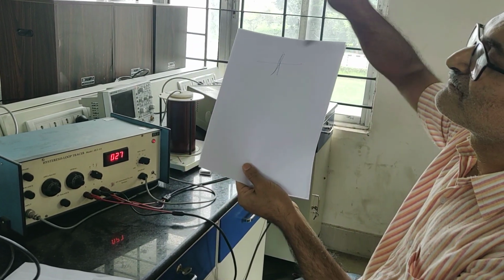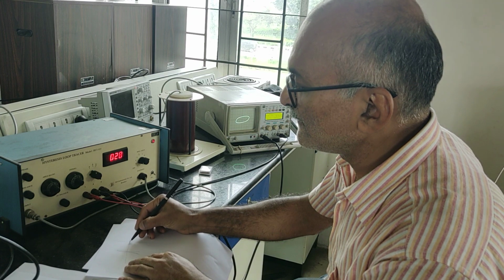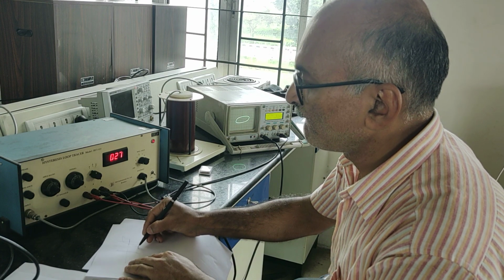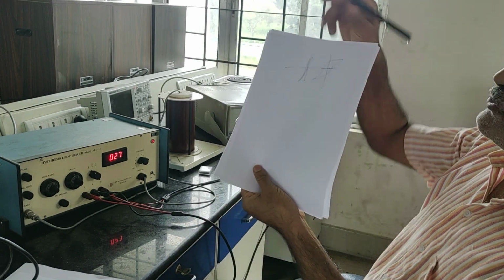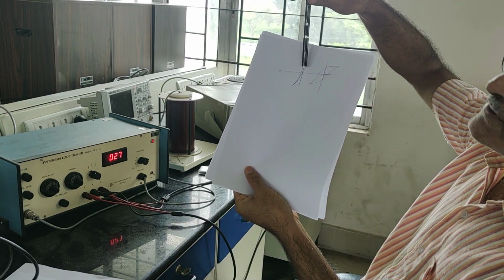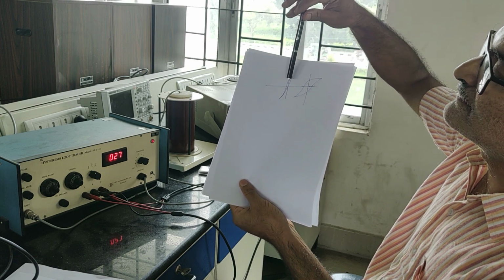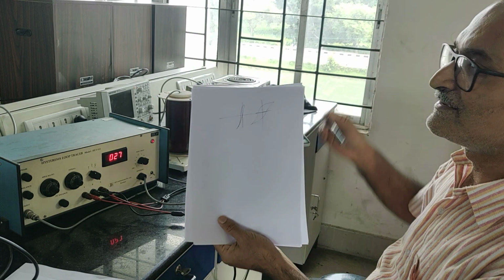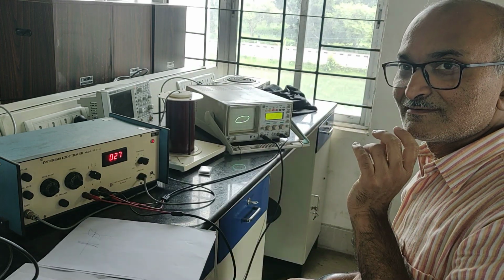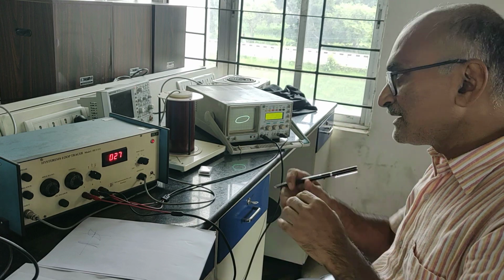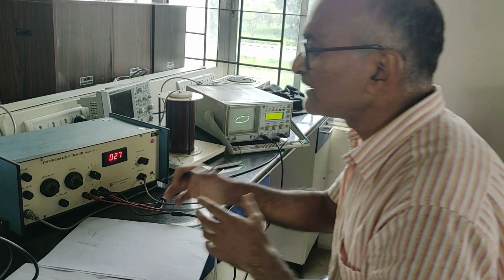Suppose I have another material where it is like this. Out of these two materials, for one material I have got the loop like this, for another material I have got the loop like this. I would be preferring this material over this material to use it as an electromagnet. Because for an electromagnet, I need switch on, switch off, right? So retentivity.